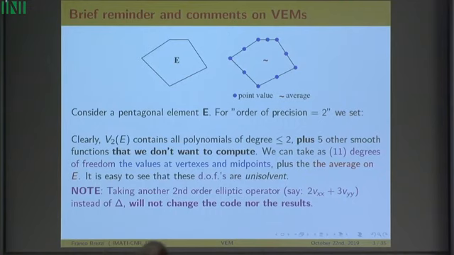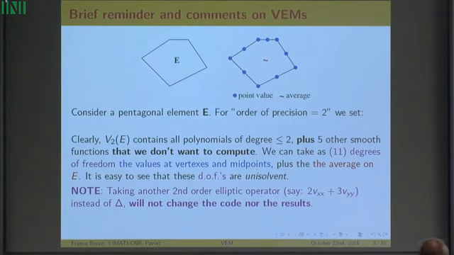But then inside, well, you want all polynomials of degree 2 to be inside. And so the simplest requirement is that, for instance, some elliptic operator of second order is constant. With constant coefficients, it could be the Laplace operator, but it could be something like this one, could be whatever.